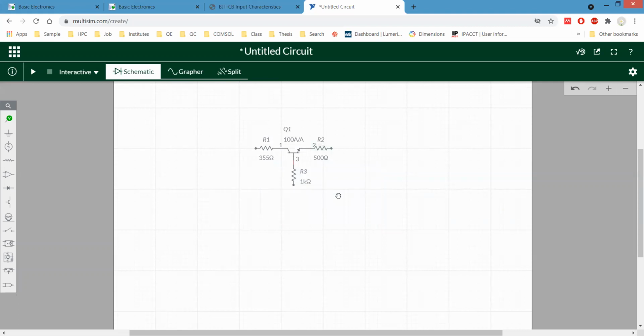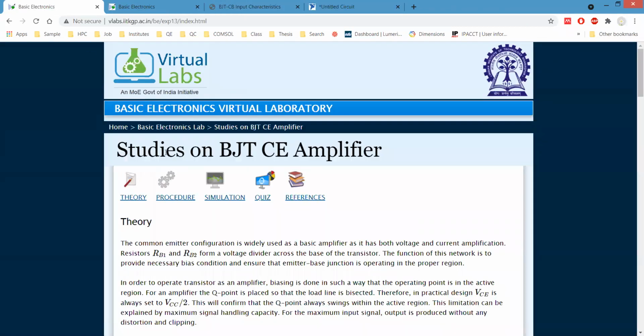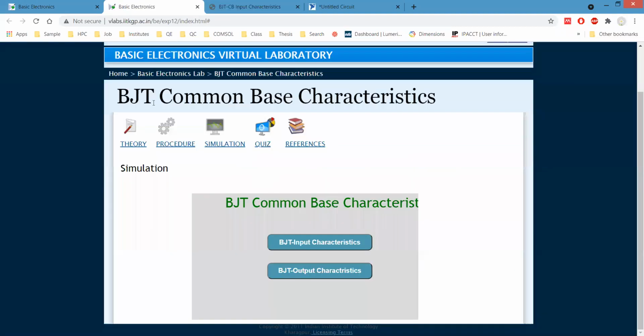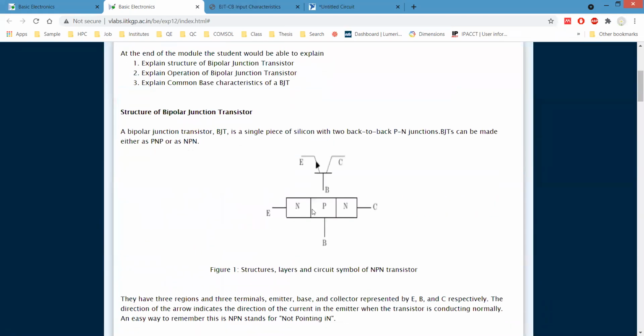As the base region is thinner, if you go to the diagram for any BJT, for this PNP one, and look at the physical cross section for NPN or PNP, the thickness of the base junction is not equal to that of the emitter and collector.